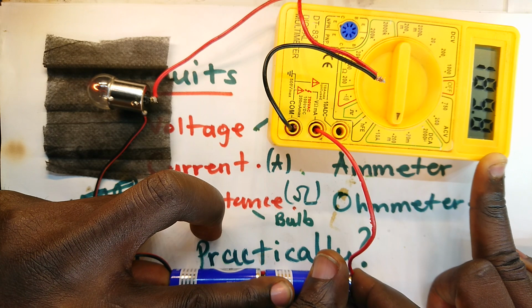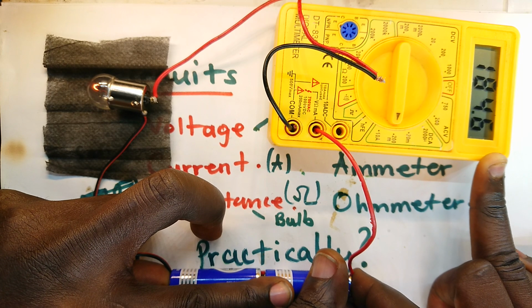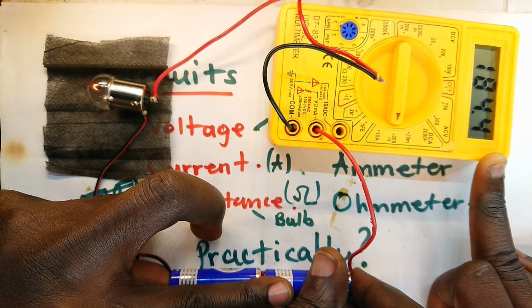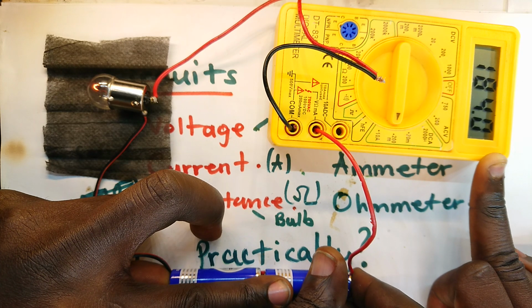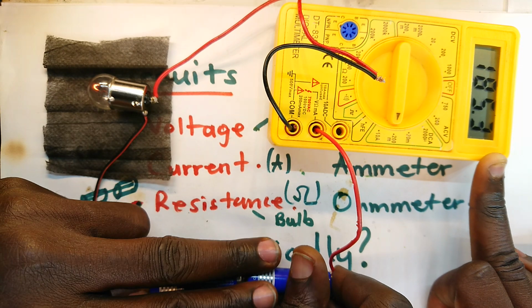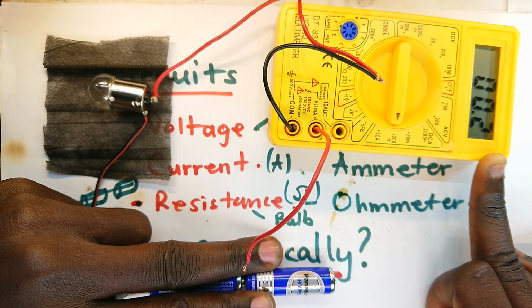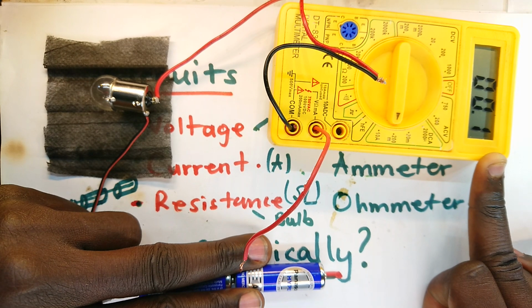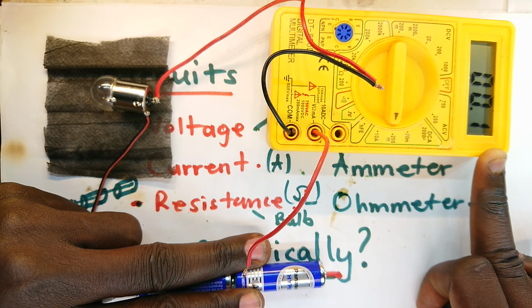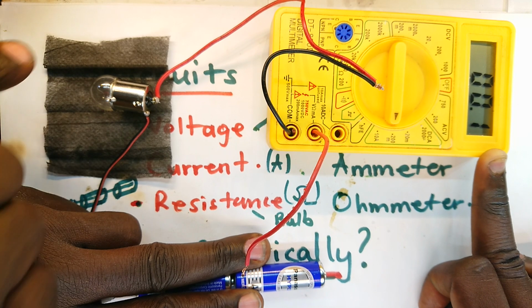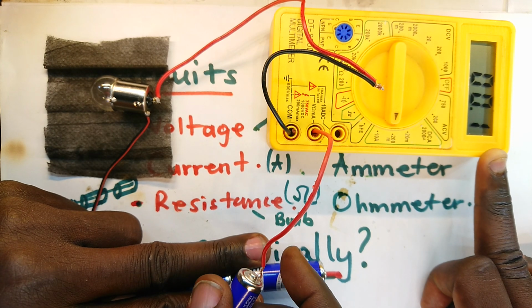It is brighter, and the multimeter reads a higher current. It's now 184 milliamperes. So that means increasing voltage increases the amount of current that is flowing, and therefore more work is done in terms of more brightness.